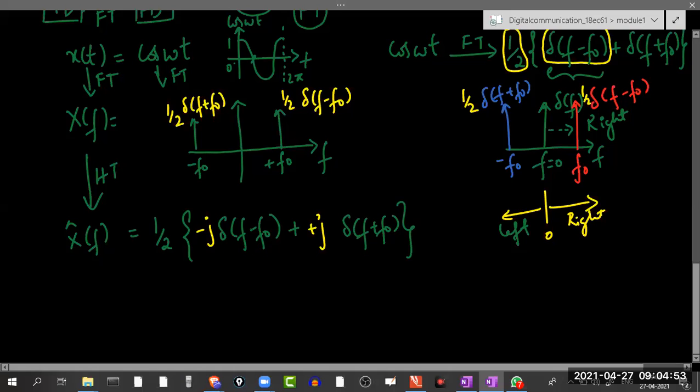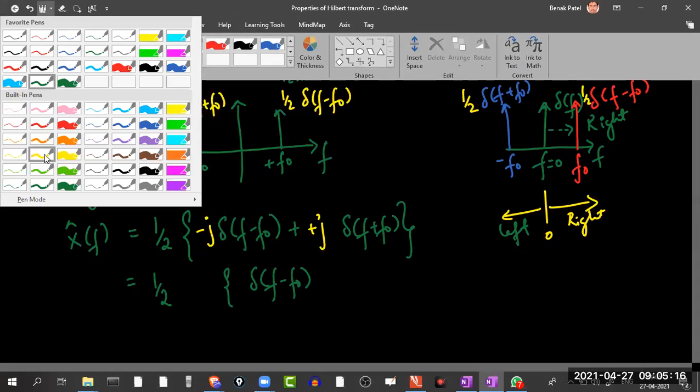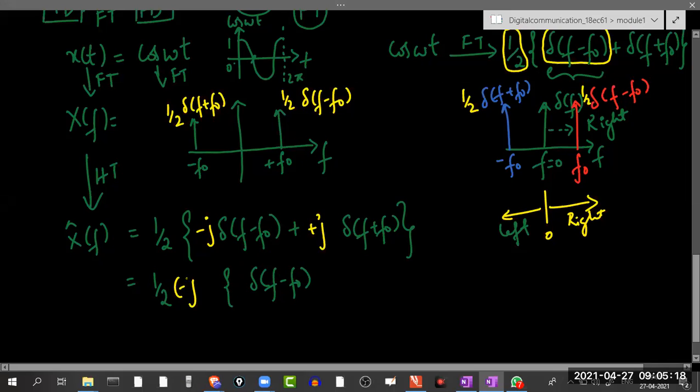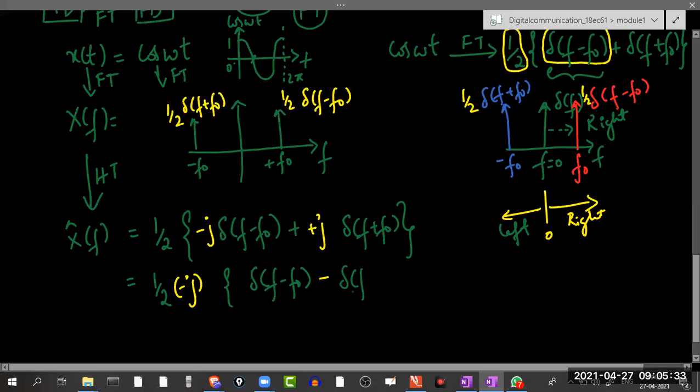We'll have this. Now, out of these two, I'll take out negative j as common, such that we'll be left with delta f minus f naught over here. And here, because I'm taking negative j outside, the sign here changes to negative delta f plus f naught.